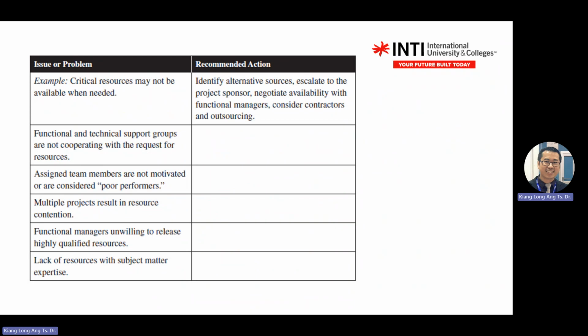Functional technical support groups are not cooperating with the request for resources. So what is your recommendation if you are the project leader, you are the PM? This one, you are having trouble with the functional groups. What should you do?